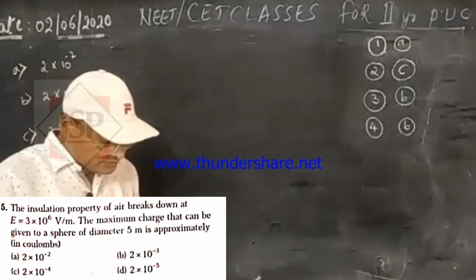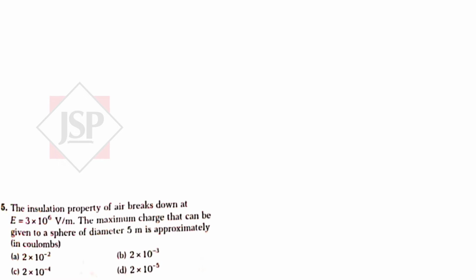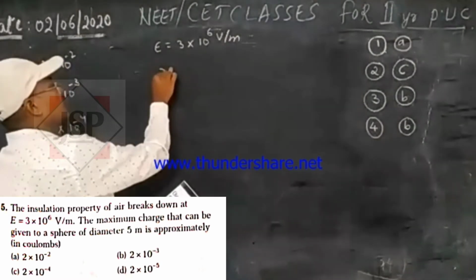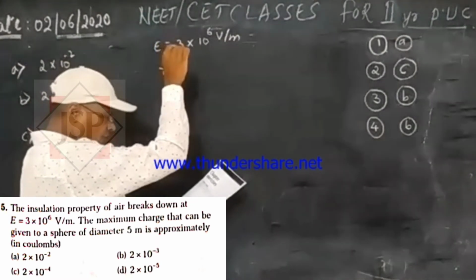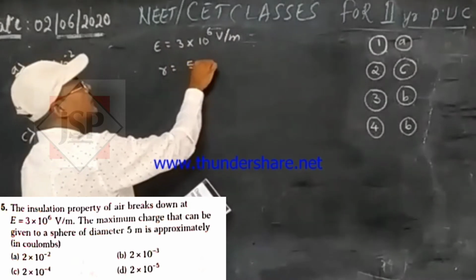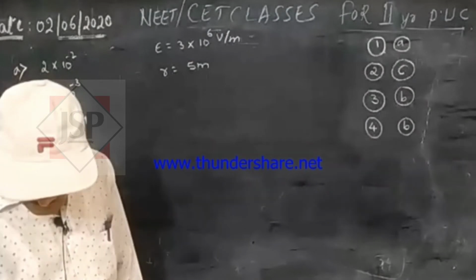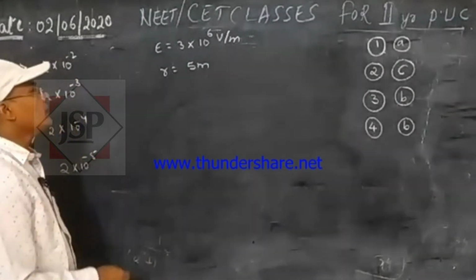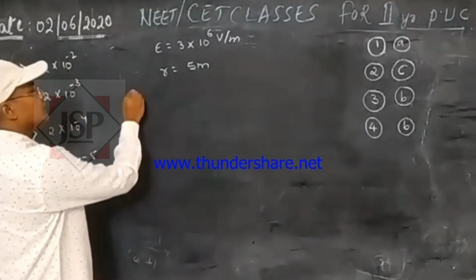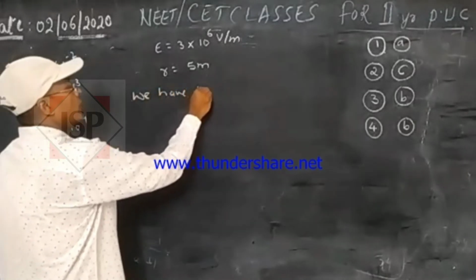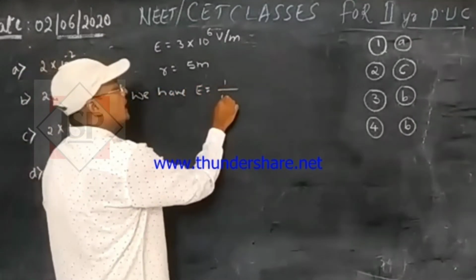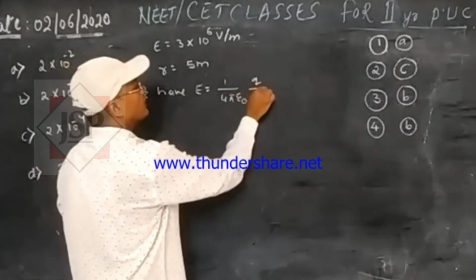So see, once again I'll repeat this one. The charge that can be given to a sphere of diameter 5 meter. So we want to calculate the charge. As we know, there is a formula that we are using: E equal to 1 divided by 4 pi epsilon naught, Q divided by R square.